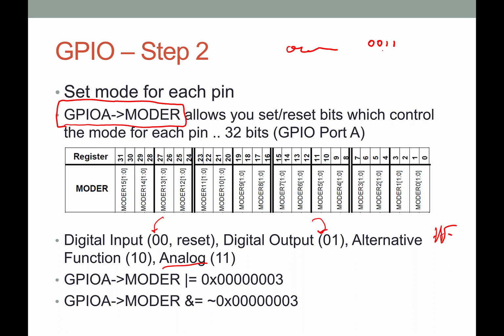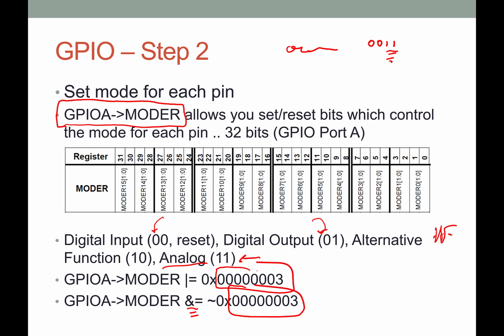So what that's going to do is set these last 2 bits to 1. Now you might say, okay, well, that's setting it as analog. Did I really want to do that? Well, no. Remember, you see the next case, where the mask operator is the same for both of these.